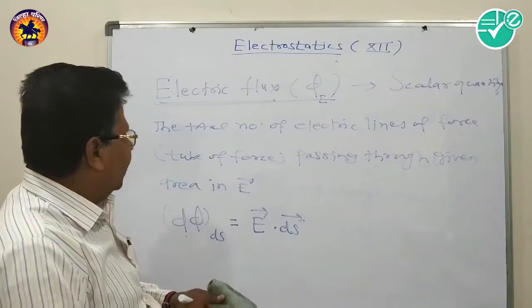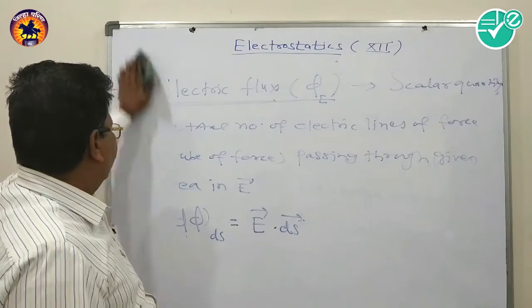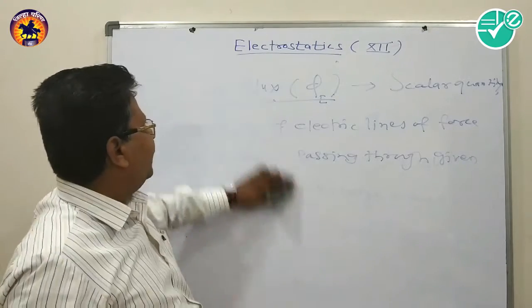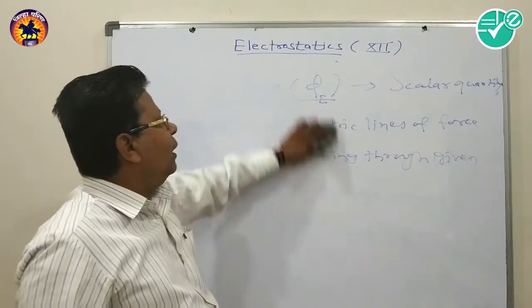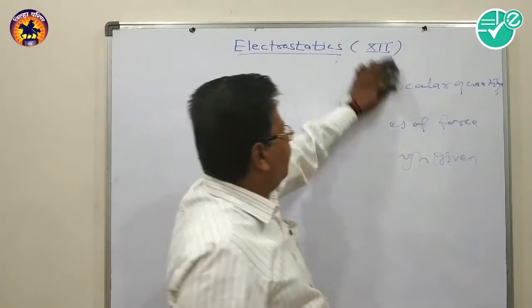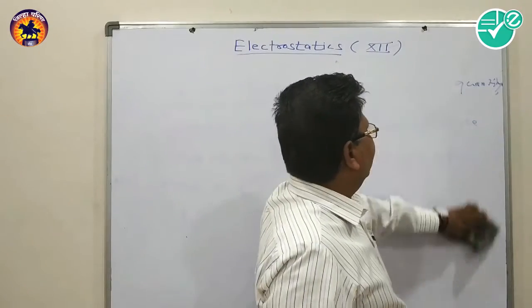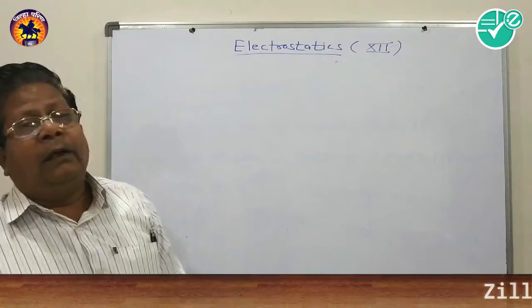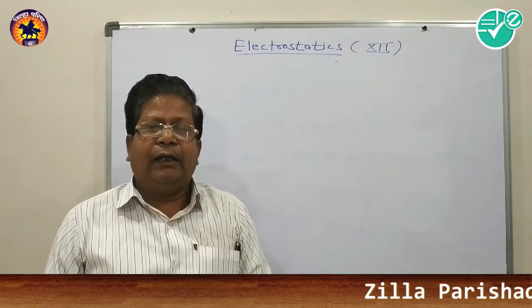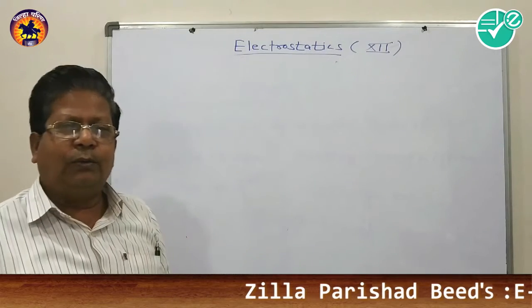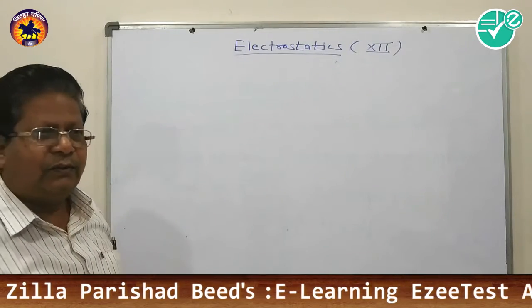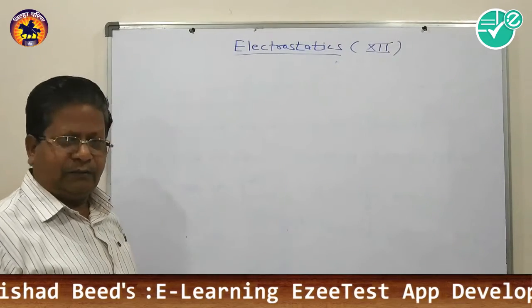Again, depending upon whether the surface area is perpendicular to electric intensity, or parallel to electric intensity, or not perpendicular to the direction of electric intensity, there are three cases regarding the electric flux.